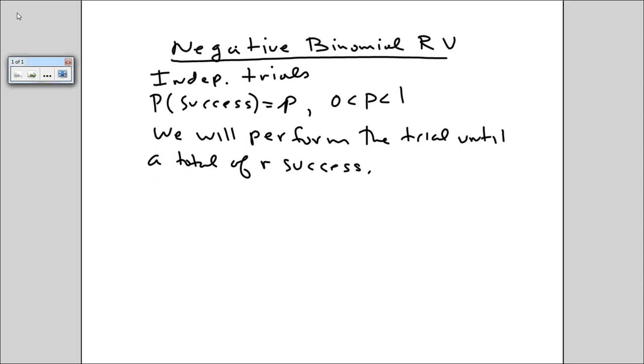Let x equal the number of trials necessary to have R successes. Maybe I should really change it to n. N successes. It's just a letter.